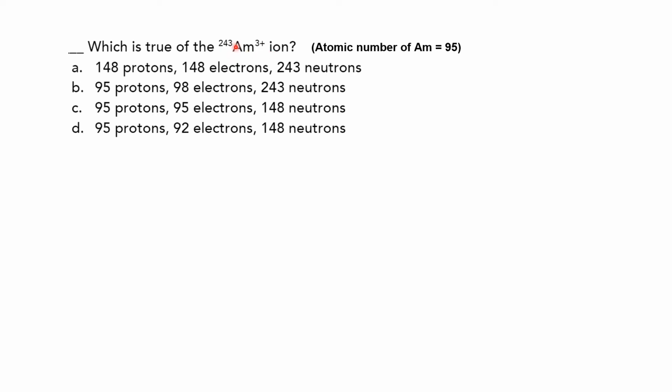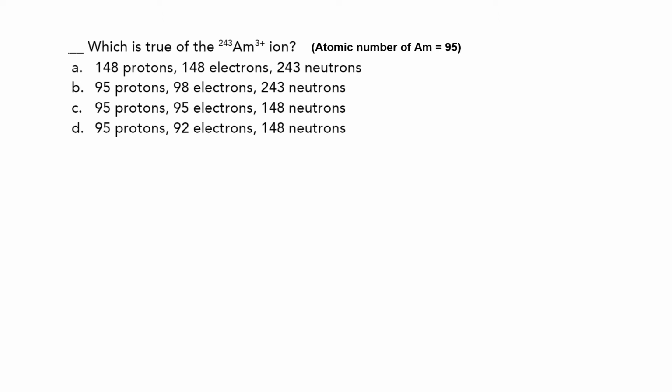The other thing mentioned is 243. As it is written as a superscript before the element, it is the mass number. The atomic number of Am is given as 95, so we know the number of protons.